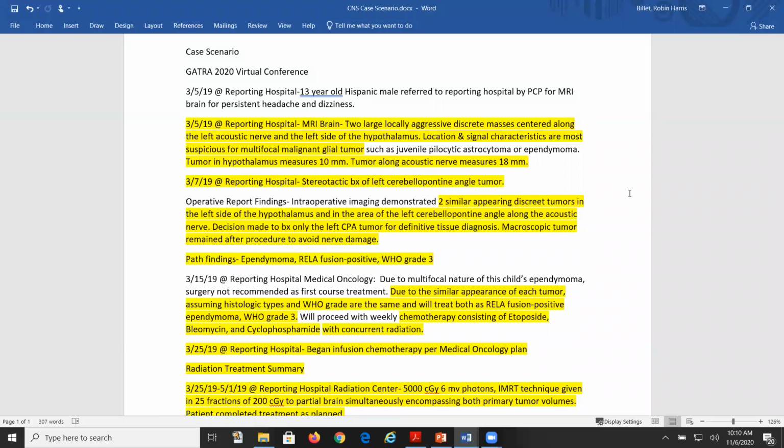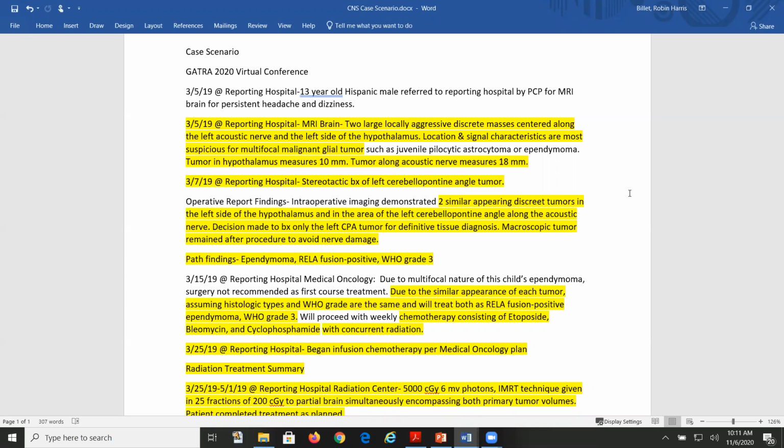On 3/5/19 at the reporting hospital, the MRI identifies two large, locally aggressive, discrete masses centered along the left acoustic nerve and the left side of the hypothalamus, most suspicious for multifocal malignant glial tumor. So there is our diagnosis date as well as our first contact date. And we are also given sizes for these tumors. The tumor in the hypothalamus is 10 millimeters. The tumor along the left acoustic nerve is 18 millimeters.